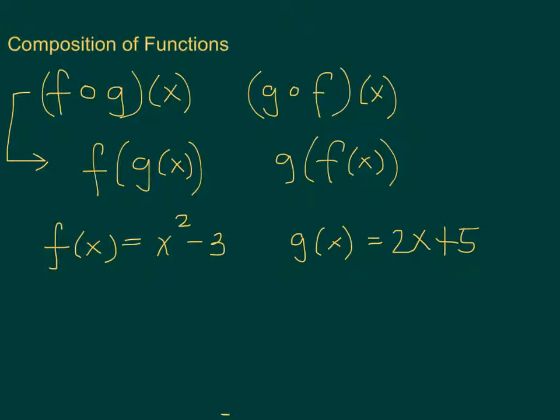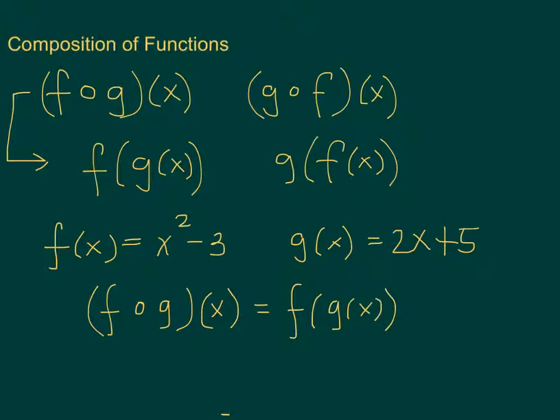Okay, if I will be asked to find f circle g of x, this is not an O, it's a circle, which is basically the same as f of g of x.